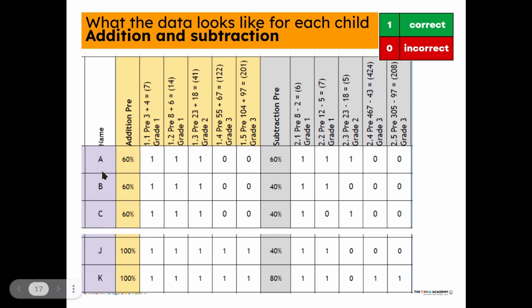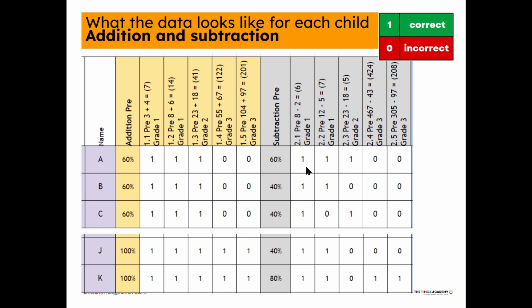So if we're looking, this is the child's name, A, B, C, etc. This is addition. This is subtraction. So child A, 1, 1, 1, 0, 0. That means they got that one right, that one right, that one right, that one's wrong, that one's wrong.